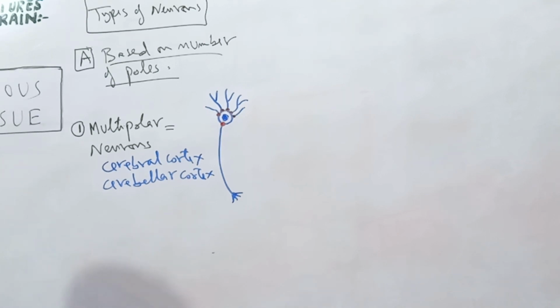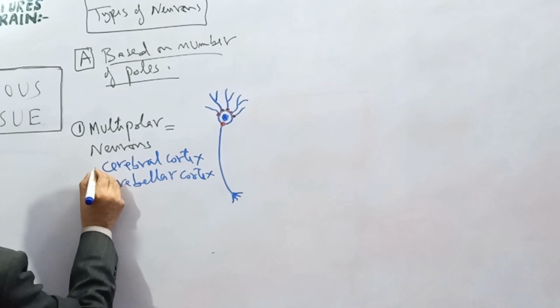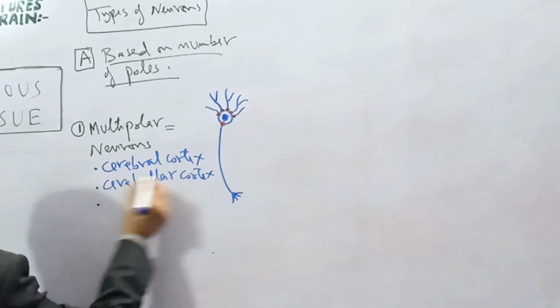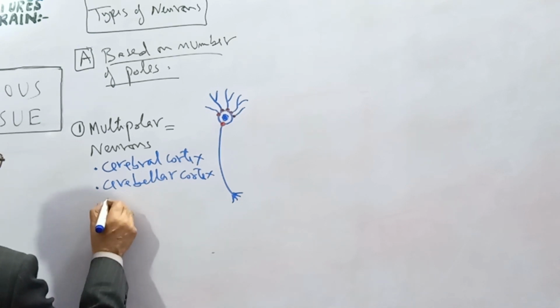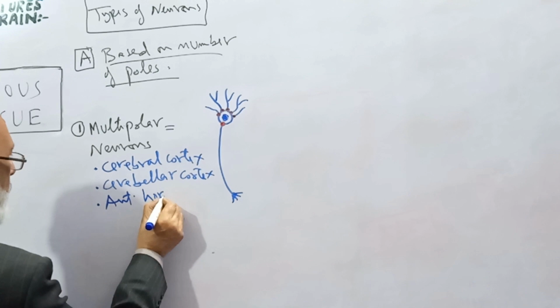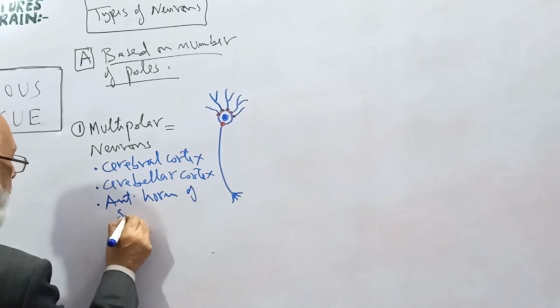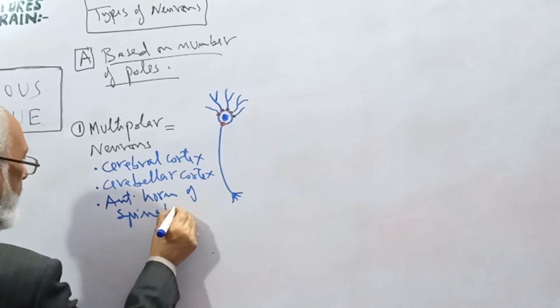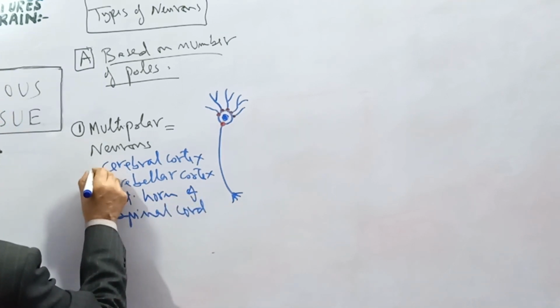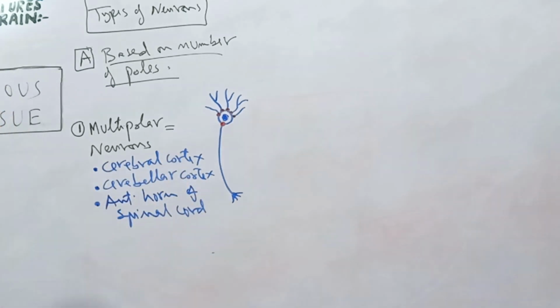The multipolar neurons are found in the gray matter of the cerebrum, the gray matter of the cerebellum, the cerebellar cortex, and in the anterior horn of the spinal cord. These are some of the sites where you can see the multipolar neuron.